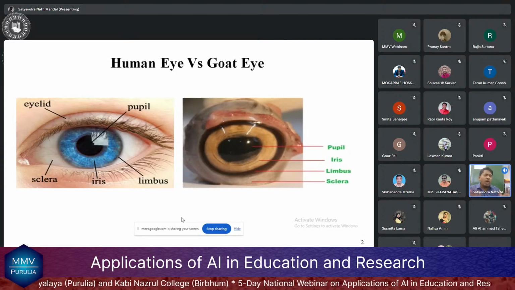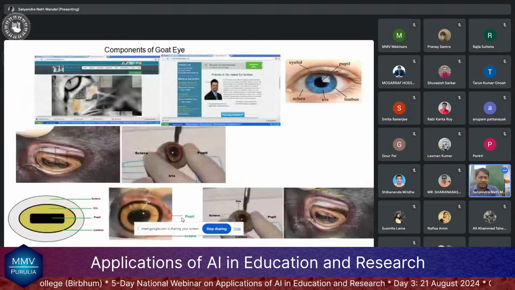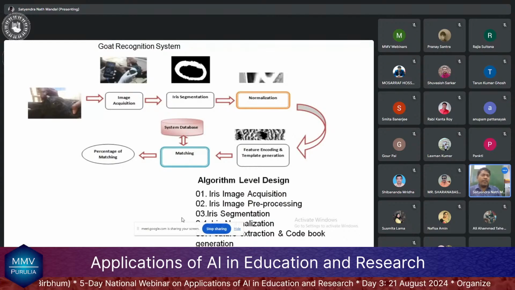So we did a lot of experiments on it, and we worked on the goat. And what did we do? First we capture the picture, then we segment the eye, then normalize the eye, then we generate the template, then we store it in the database. Again, the same way, we capture the picture and match.